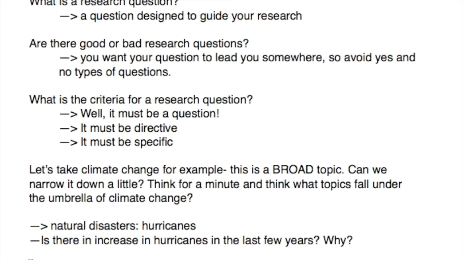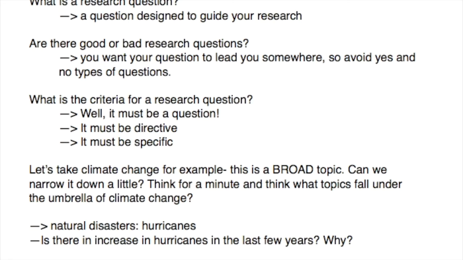We could say, due to the impact of climate change, what is the long-term, let's change this word to effect since we already have impact, of hurricanes on local communities, I'm going to say along the United States coastline.